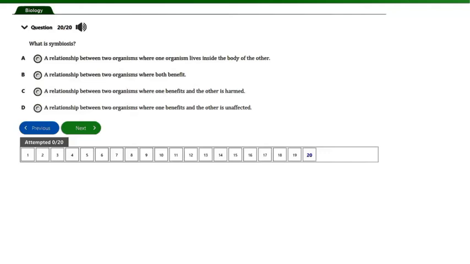And D, a relationship between two organisms where one benefits and the other is unaffected. So guys, symbiosis is a mutual feeding relationship. It's a relationship where both organisms benefit. So the answer to this question, guys, is option B. Both organisms benefit in symbiosis.